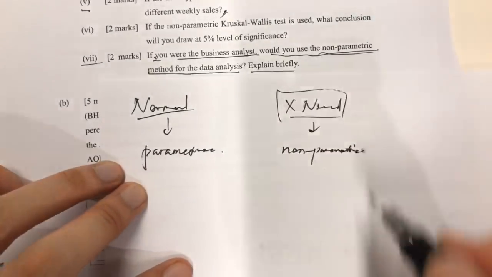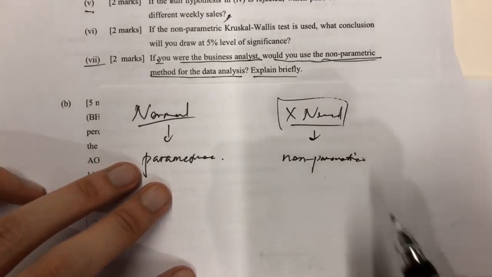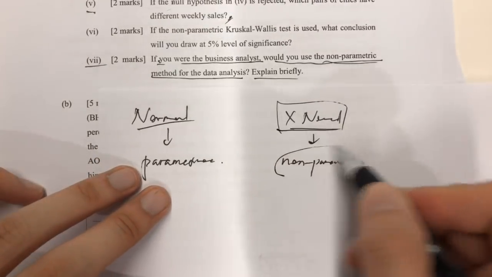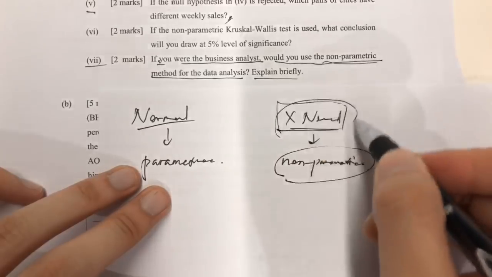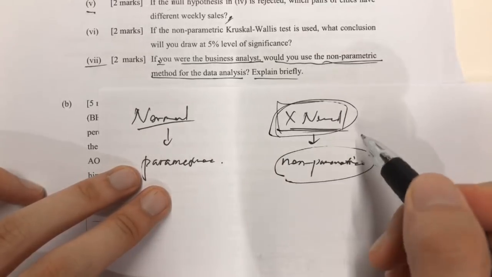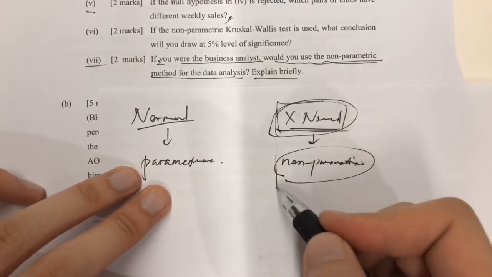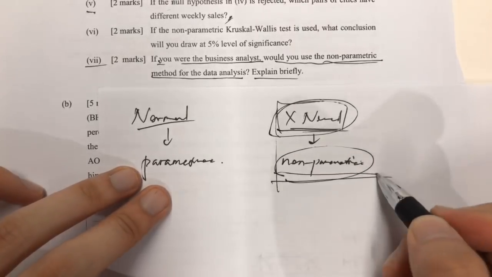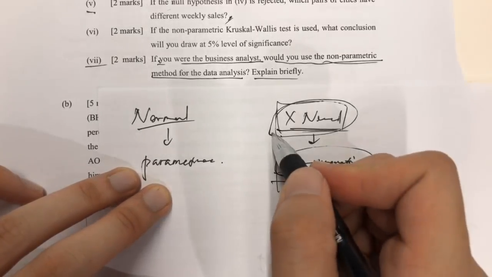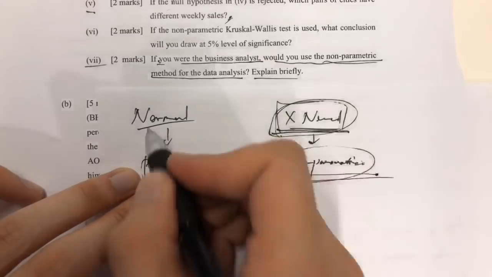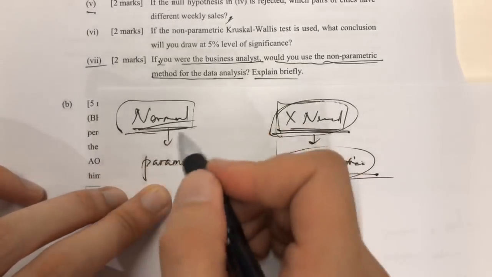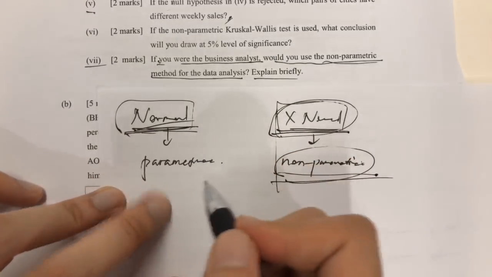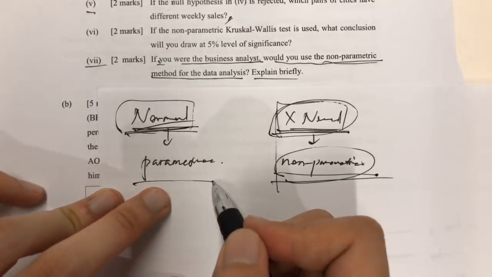However, someone is saying, since non-parametric tests require much fewer assumptions on the data, shall we always use non-parametric tests? Not really, okay? Since non-parametric tests require less assumption, because this assumption here is very strict, the population must be normally distributed in order to use the parametric test.